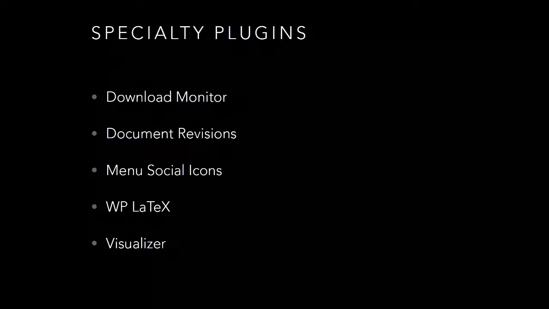And Visualizer is one that I've recently added to the lineup. It probably wouldn't meet Jeremy's qualifications, let's put it that way. It's not slender, it's not elegant, and it pushes its updates. It has premium features a little bit, but it is a really nice, simple plugin for creating or displaying charts and graphs out of Google Charts.